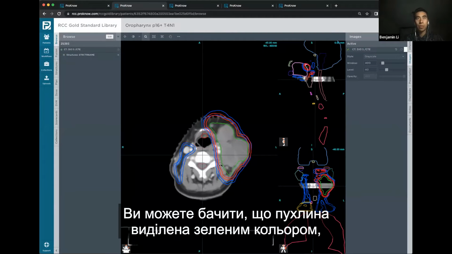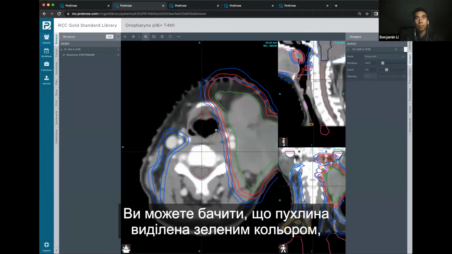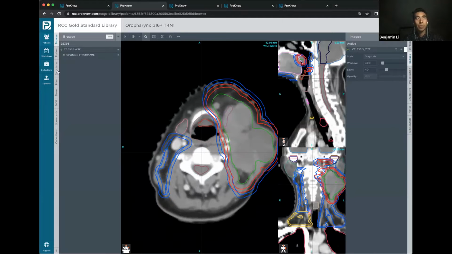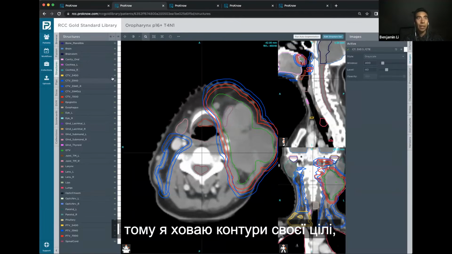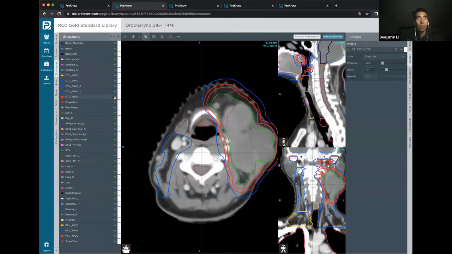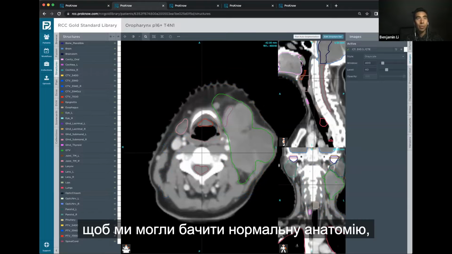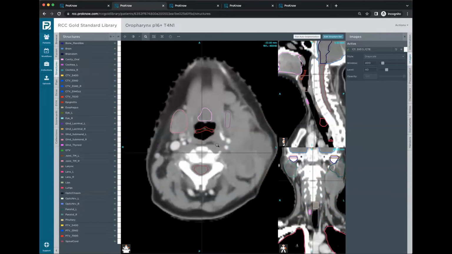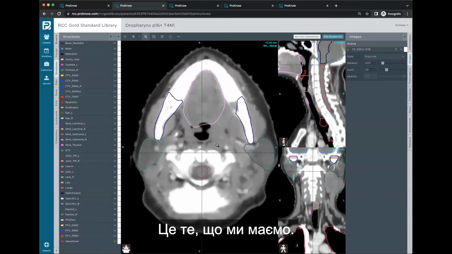You can see the tumor contoured in green, and then some of the other doses that we're going to be drawing are in red and in blue. And so if I hide my target contours, so we can see the normal anatomy. This is what we have.